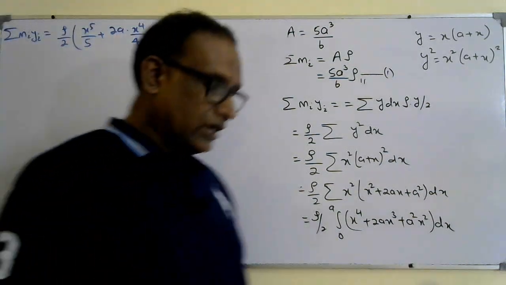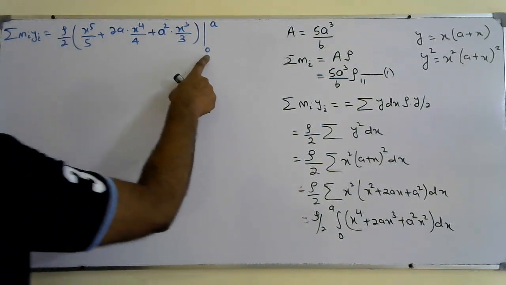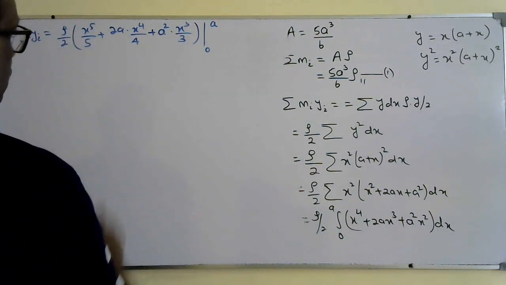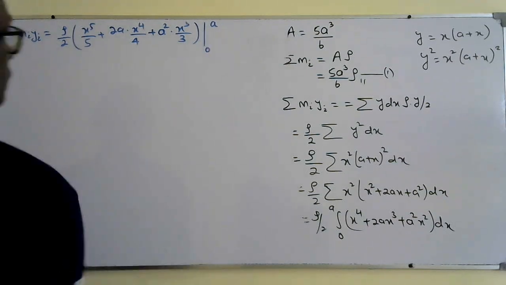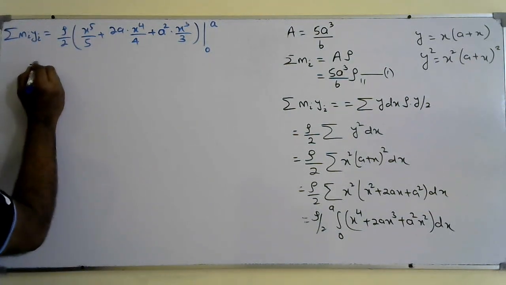Now we need to substitute the limits. When we put 0, all of them will become 0 because all consist of x, so I don't need to worry about the 0 value. Then it will become rho by 2.